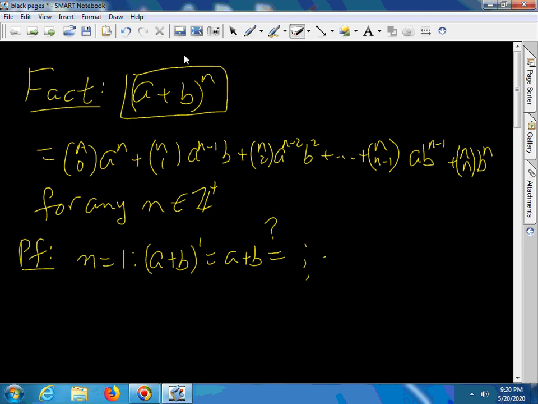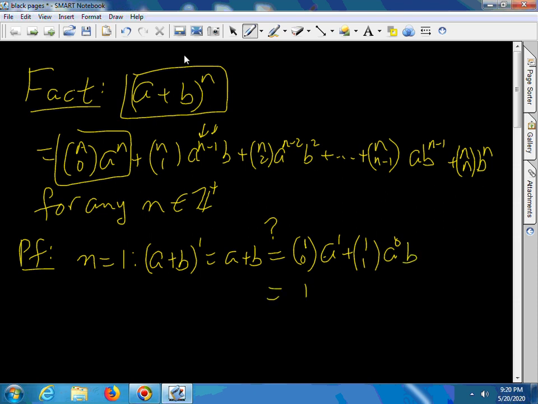Let's write that down neatly. We're going to get 1 choose 0 times a to the 1, plus 1 choose 1 times a to the 0, because n minus 1 is 0, times b.